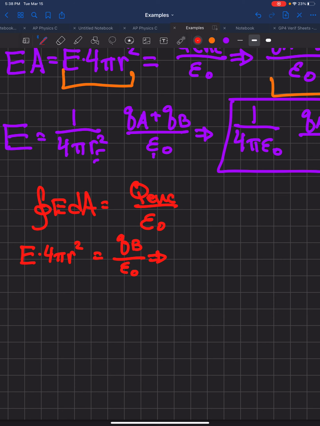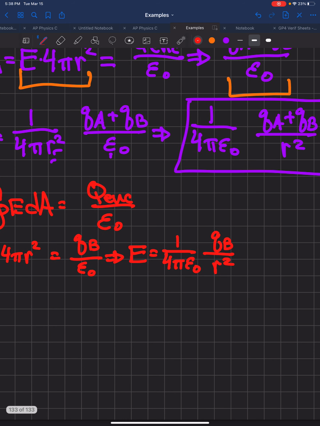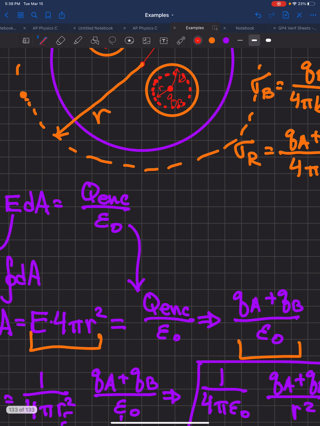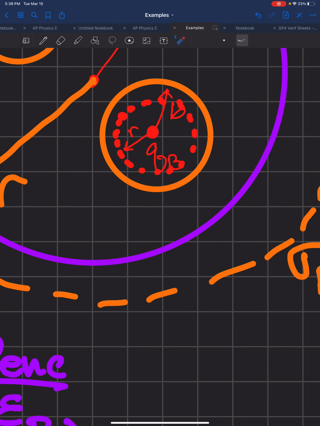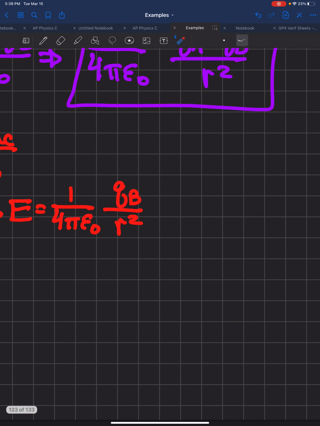So now we just solve it for electric field. So the electric field will be equal to 1 over 4 pi epsilon naught QB over R squared. Now, if they want to know what the electric field is maximum, meaning take your Gaussian surface all the way to the edge of the cavity, then obviously your radius would just be radius B, but it doesn't really actually matter.